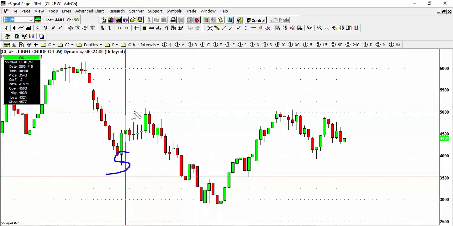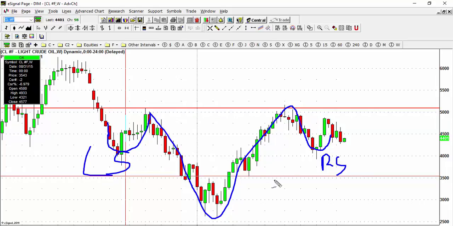So this will be the left shoulder. This is the head and the right shoulder. So this could be a reversal pattern in crude oil.